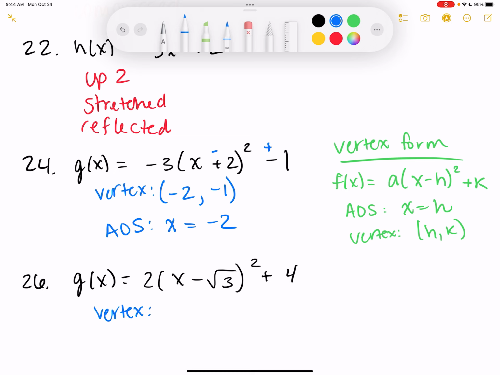So the vertex is root 3, because it's supposed to be negative. If the sign is what it's supposed to be, then we just copy down the number. So this is supposed to be negative, and it is, so it's root 3.